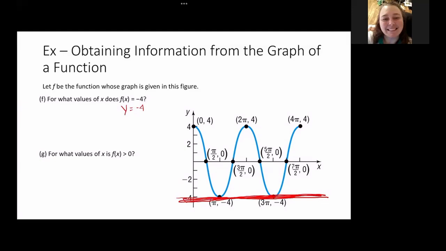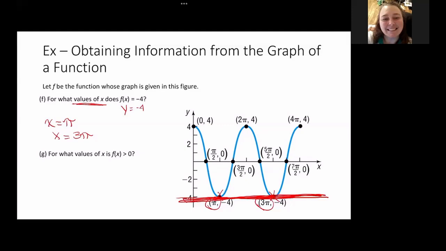I can see that it crosses here and it crosses there, so x equals pi and x equals 3 pi, because what it's asking for is the value of x where y equals -4.